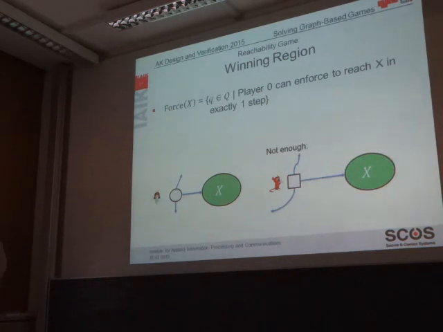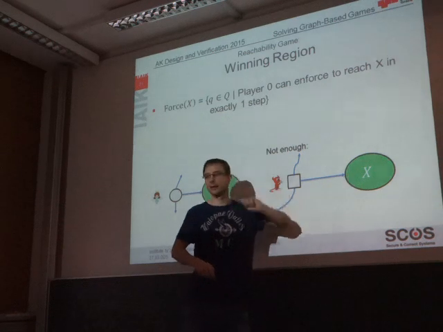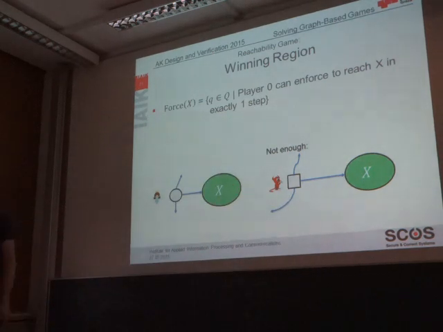The other case is a bit more problematic. If a certain state is a box state, then the evil environment can pick a successor. So having one edge into the target region x is not enough. If there are other outgoing edges that do not end up in x, then the evil guy could just pick these other edges, so we cannot enforce from such a situation that we end up in x in the next step.